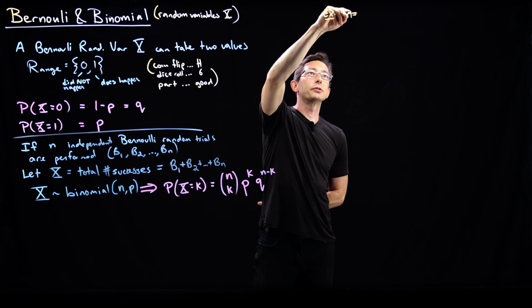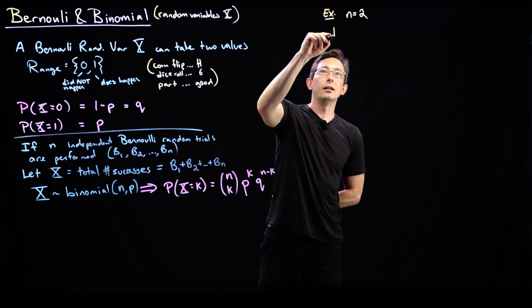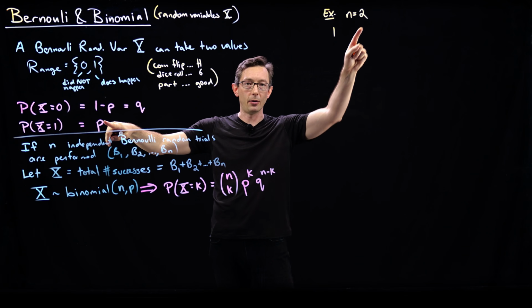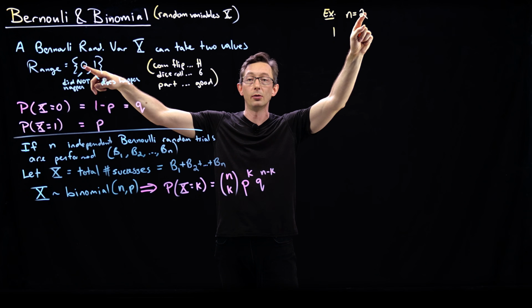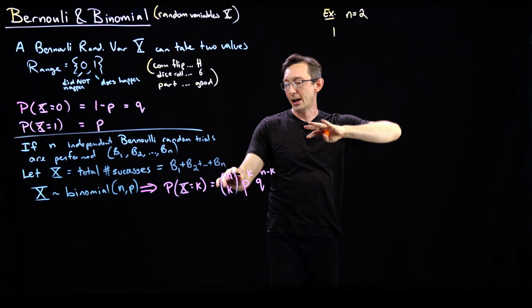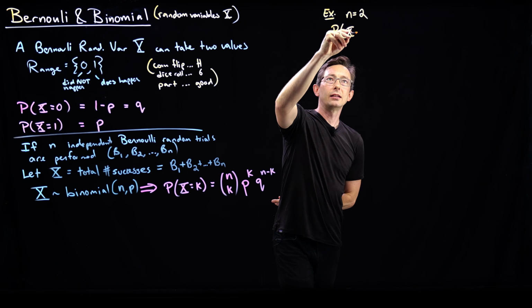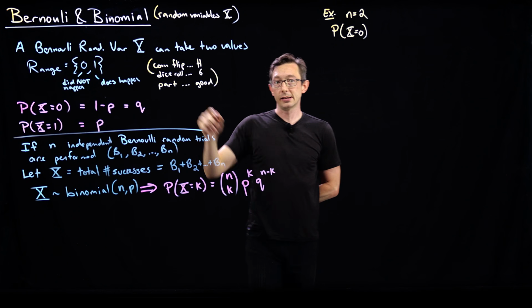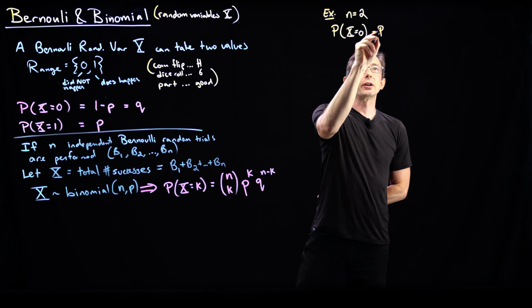Let's say n equals 2. So let's just compute the probability, and we're going to assume that our Bernoulli random variable has probability p of success and q of failure, and we're just going to do n equals 2. So the probability of x equaling 0 successes, I'm going to use shorthand here.